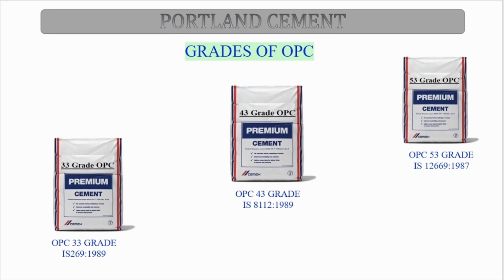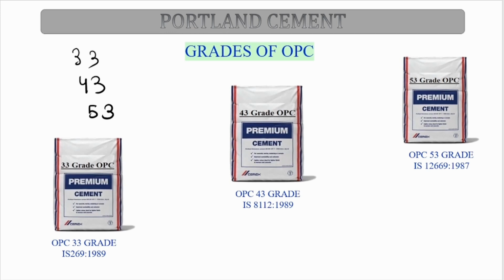Now, before learning about the composition of cement, let's learn the grades of the OPC or ordinary Portland cement. There are namely three grades of cement, that is 33, 43 and 53, as mentioned over here. Here I have mentioned the codes of all the three grades of cement.